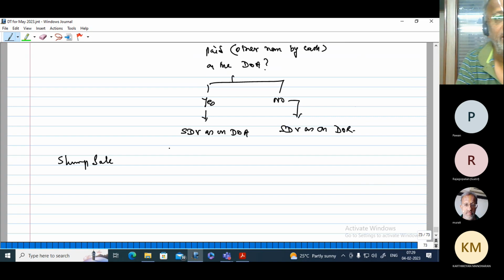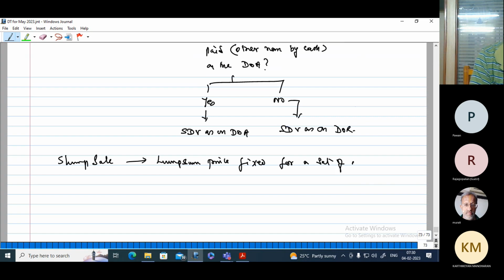What is a slump sale? Slump sale is a lump sum price fixed for a set of assets and liabilities, or you can say a division or a unit of a business.